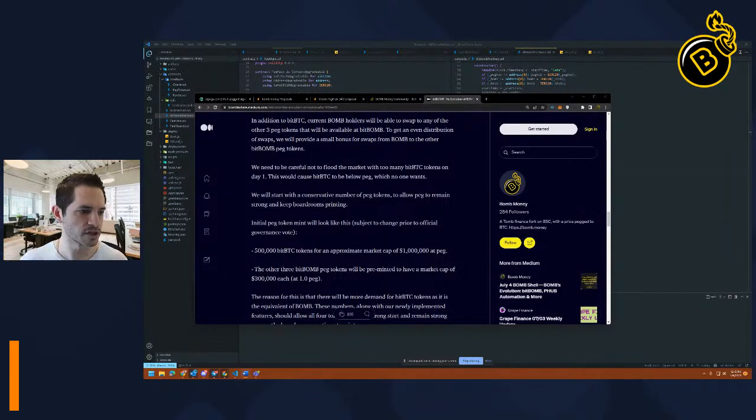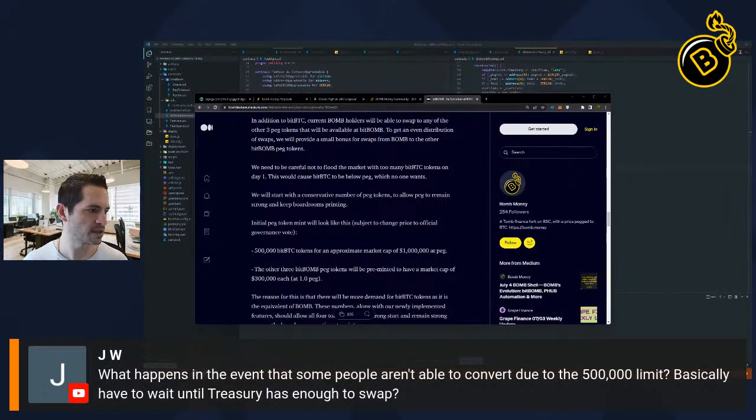Let's get to some of these questions. What happens in the event that some people aren't able to convert due to the 500,000 limit? Yeah, because of the limit, some people might not be able to swap over everything that they want to. So there's a couple different things that I've planned and suggested.